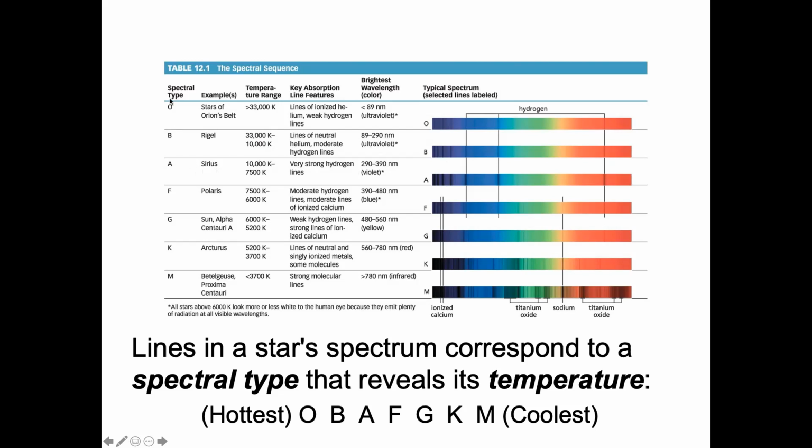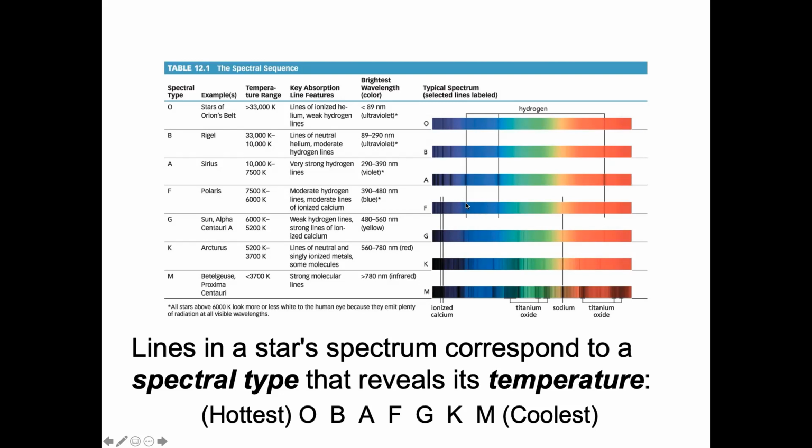Every one of these different spectral types has a brightest wavelength, a part of the spectrum that is emitted with the greatest intensity. For example, Sirius emits violet light more than any other colors, whereas Polaris, the North Star, emits mostly blue light, and that's why it appears blue in the night sky.